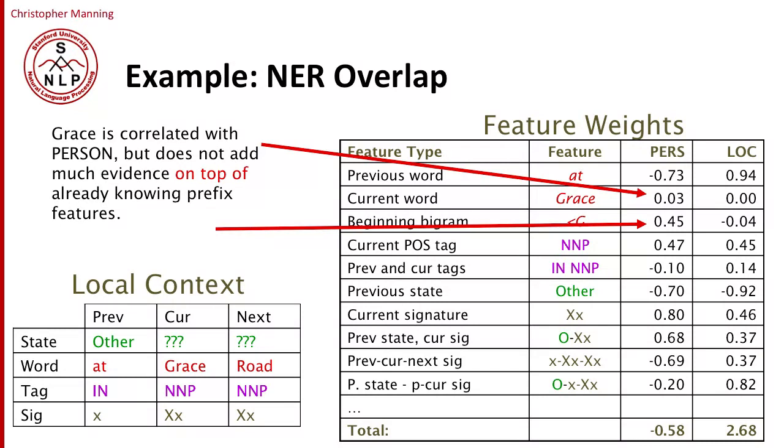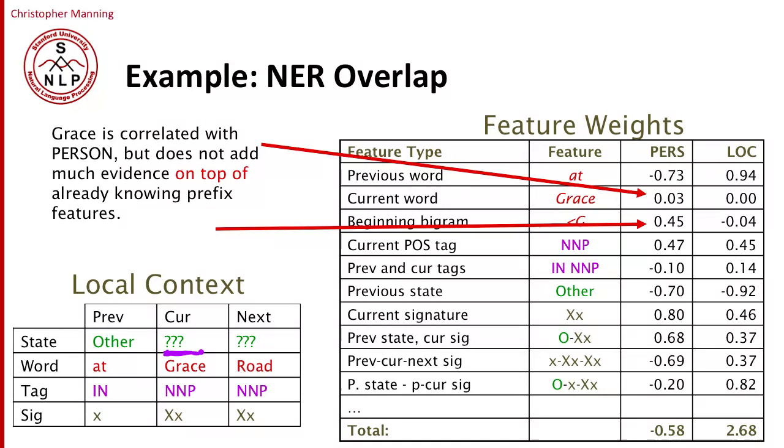So here's an example from our named entity model. So what we're doing is predicting the named entity that goes on the next token here. So we're tagging along a word at a time, and we're doing at Grace Road, and we've said that at is other, and we're going to want to give a named entity tag to Grace.